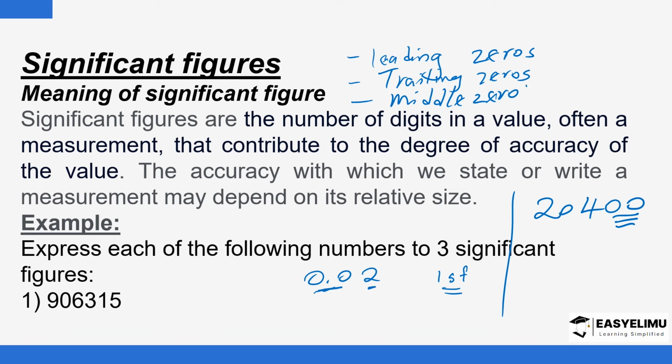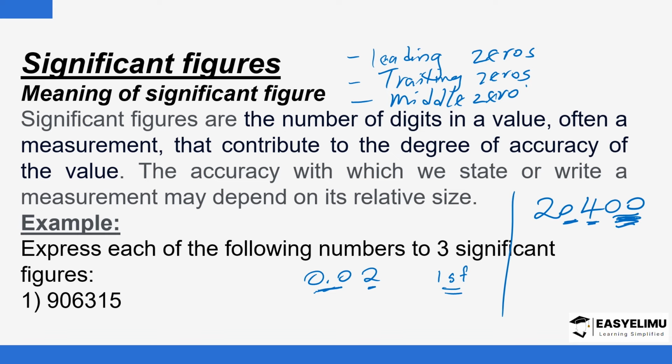The zeros on the right hand side of the last non-zero digit, like 4. These zeros here, we call them trailing zeros. And then we have middle zeros, the ones that appear between two non-zero digits. Like this one here, we call it a middle zero.